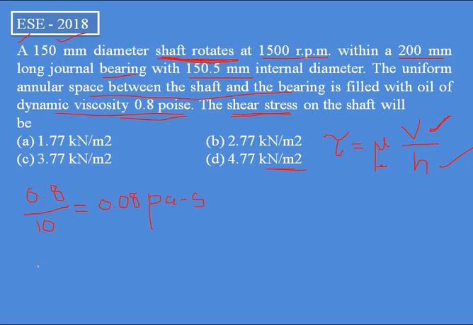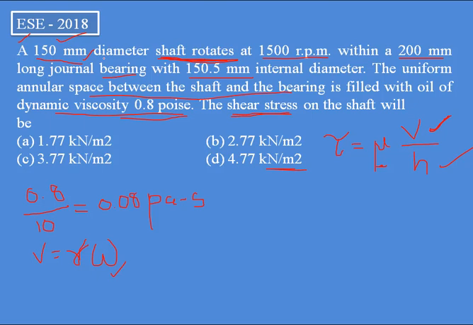For that rotation we have a relation between linear velocity and angular velocity, which is V equals R into omega. What is this omega? Angular velocity, and R is the radius of the shaft. What is the diameter of the shaft? 150 mm. Convert this into meters, 150 into 10 to the power of minus 3.